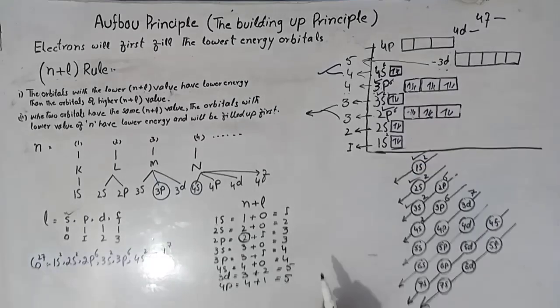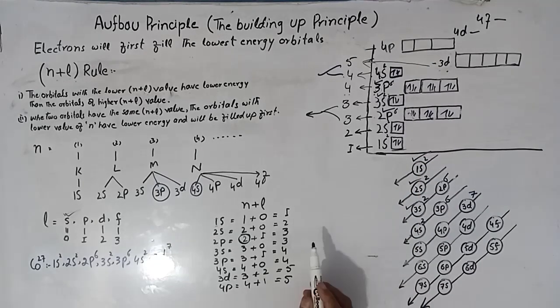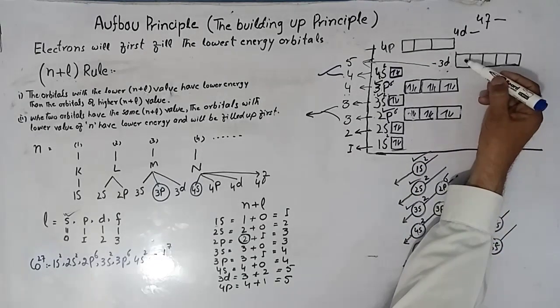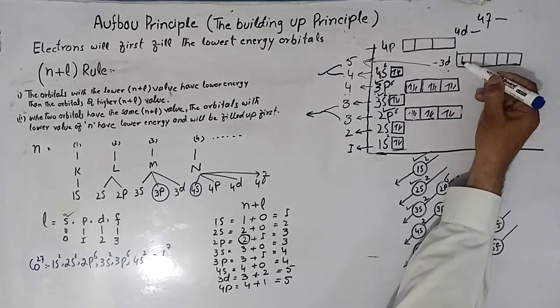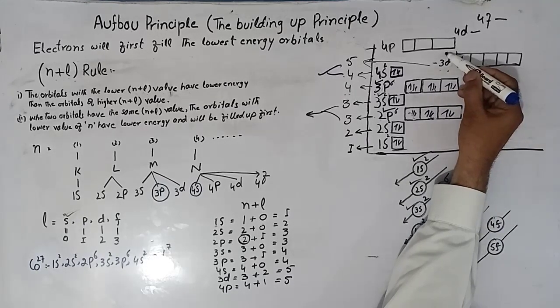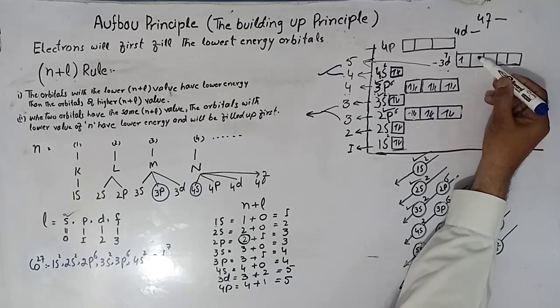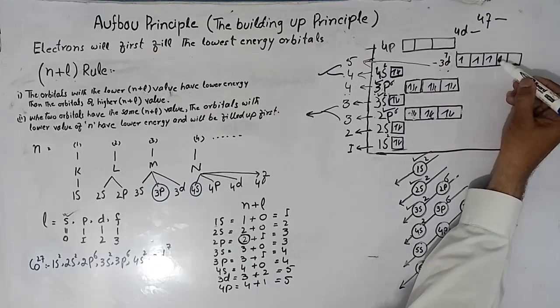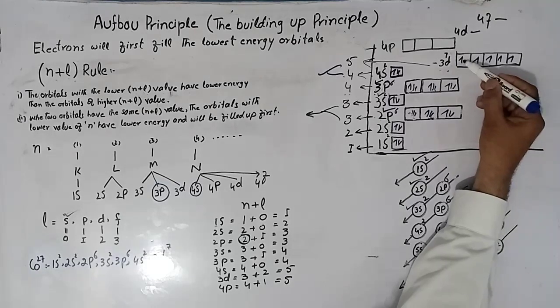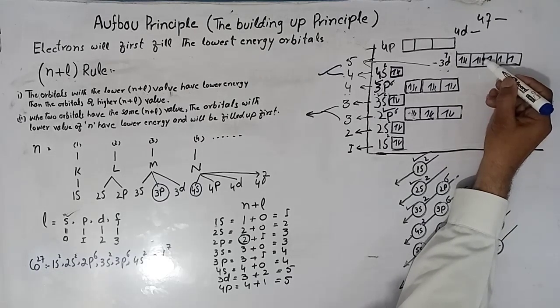Now the remaining electrons will then go to 3d7, that are 1, 2, 3, 4, 5, 6 and 7.